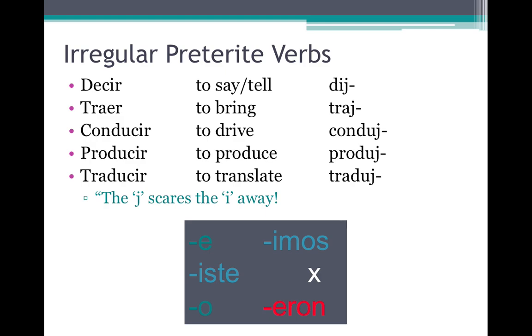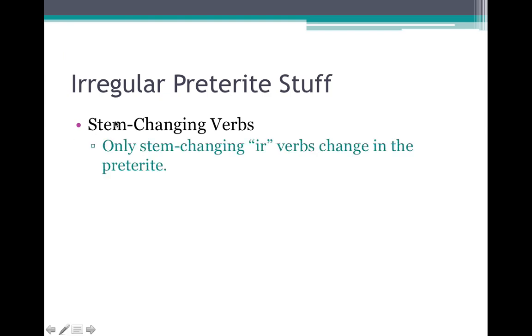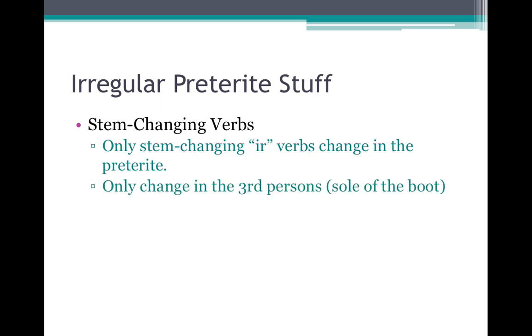Okay, I'm going to move on. Now we talked about stem changing verbs. Remember it was only IR verbs that changed. So if it's an AR verb or an ER verb like recomendar, we don't have to worry about that in the preterite. But it's only IR verbs like servir, E to I stem change. Also, we had to remember it happened in the sole or the slipper.